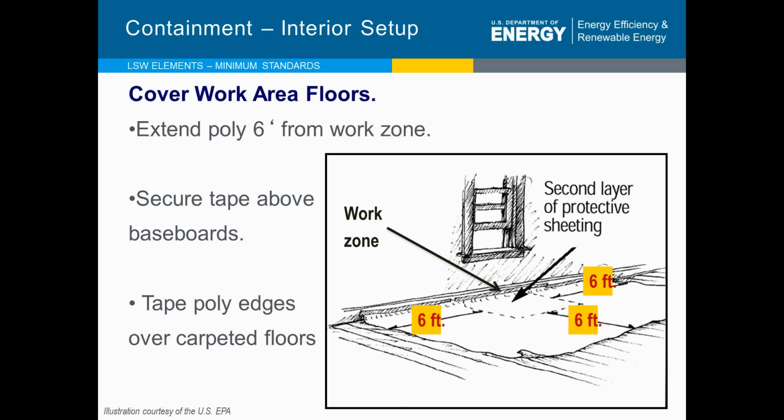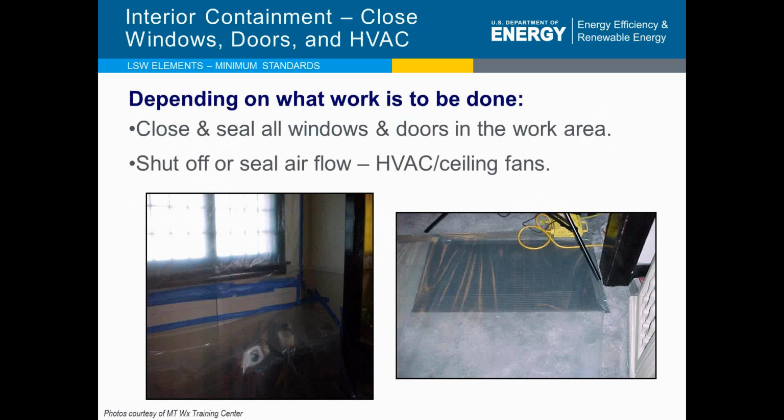If the plastic is on carpet, we must tape all of the edges. If it's a solid floor, and if we're going out 6 feet in all directions, just simply taping above the baseboard is required. But if it's on carpeting, all edges of that containment have to be taped.